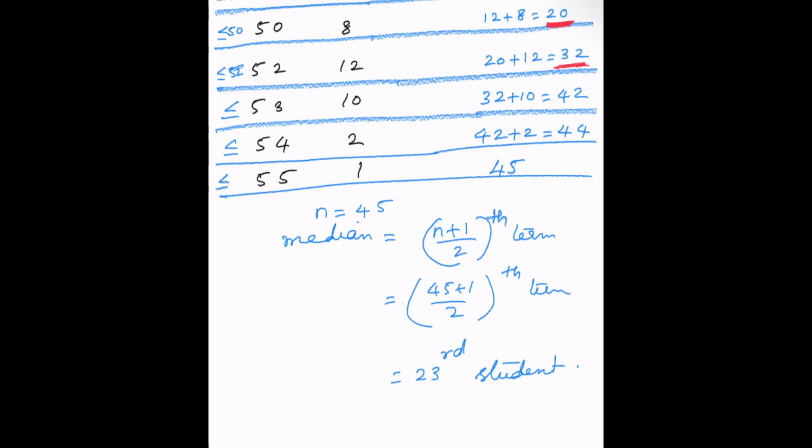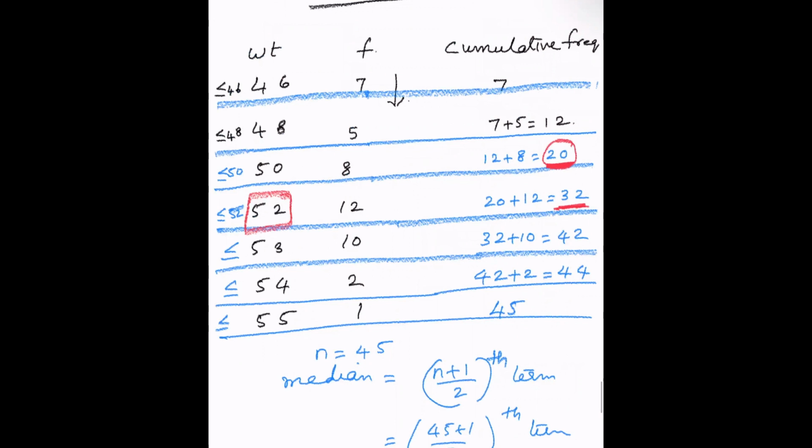But I am looking at the 23rd student's weight. In which bracket is the 23rd student? When you look at the cumulative frequency column, 20 students have weight less than or equal to 50, so the 23rd student is in the next bracket.